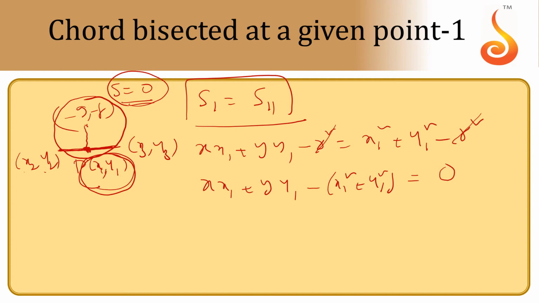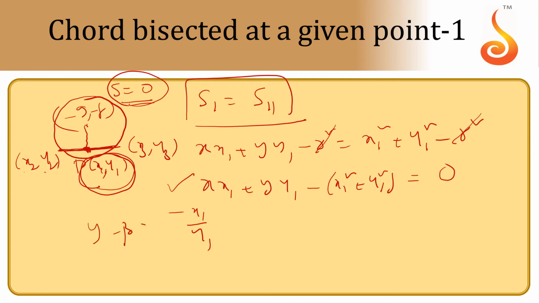Now, the locus of midpoints of parallel chords. What do you mean by parallel chords? Slopes will be the same. What is the slope of this? Minus x1 by y1. With this slope, let the midpoint be some alpha comma beta.